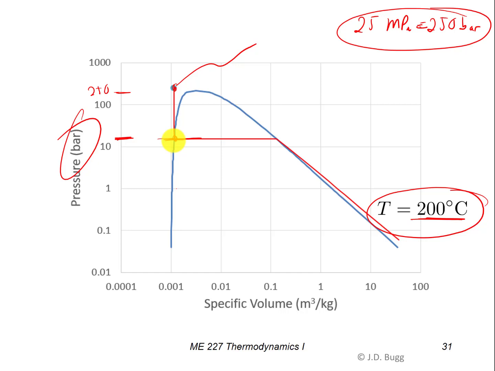Now, why then would we ever use compressed liquid tables? Well, the answer to that is that if we go far enough up here, this line starts to drift off of vertical. So this approximation of these as being vertical lines is really quite good, but we can't take it to too much of an extreme.